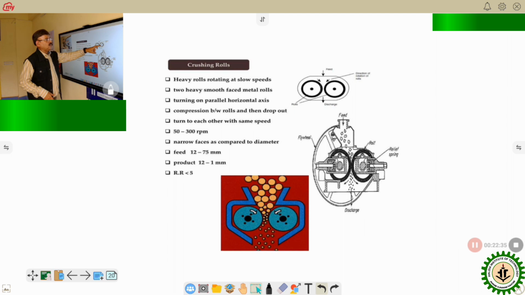So the front roller rotates anti-clockwise and the rear roller is kept fixed. Material is fed in this nip gap, and by the action of the rotating roller, the material is crushed and comes down.